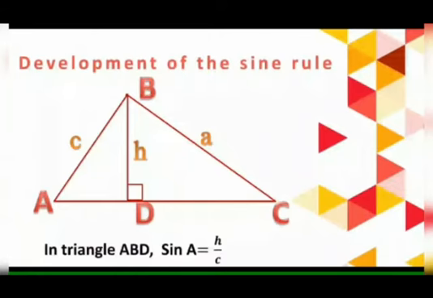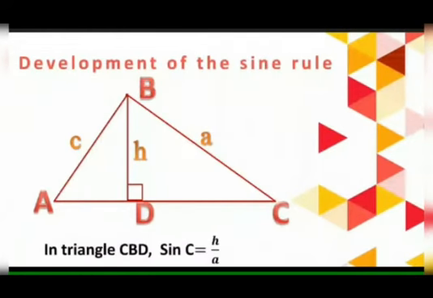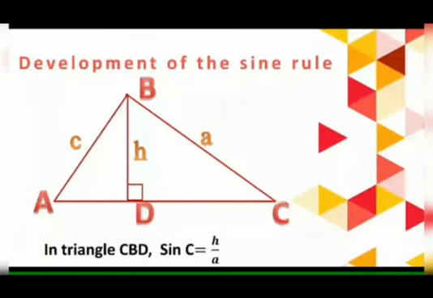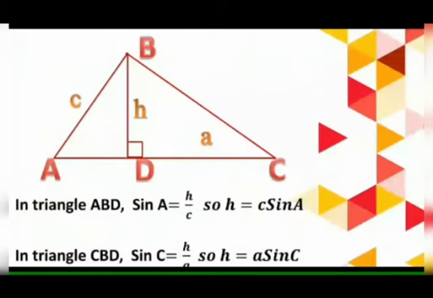Using trig ratios, sine A is equal to opposite over hypotenuse, the opposite being h and the hypotenuse being c. So sine A is equal to h over c. Sine C, on the other hand, is also opposite over hypotenuse, and that takes us to h over a. We consolidate our findings from the two triangles because they make up one big triangle.